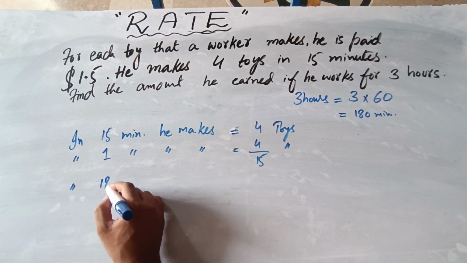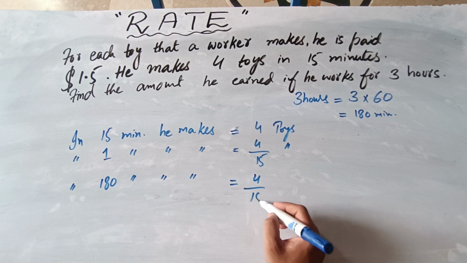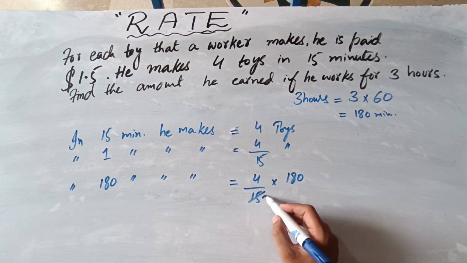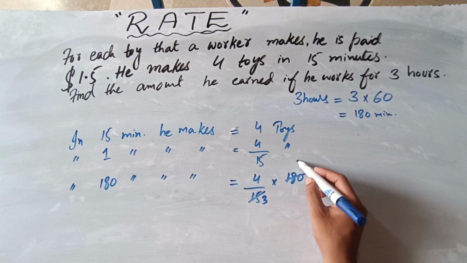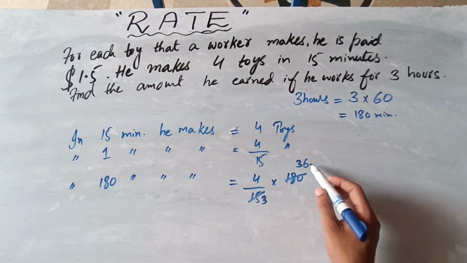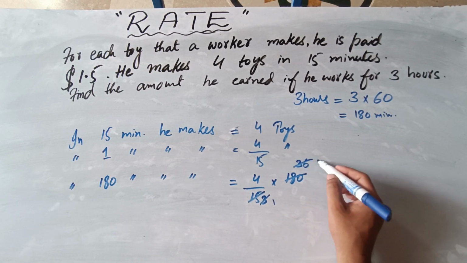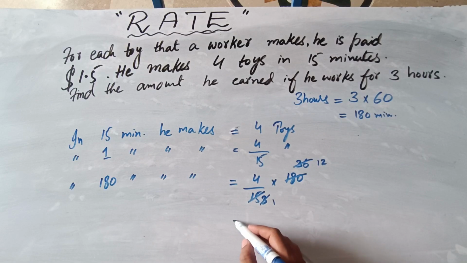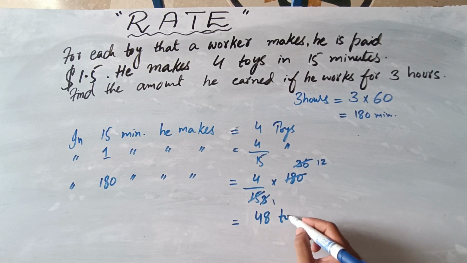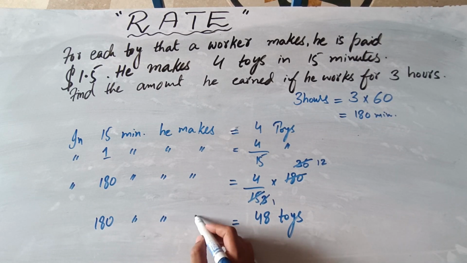Then in 180 minutes he makes 4 upon 15 multiplied by 180. So 5 times 3 is 15, and 5 times 36 is 180, 3 1s are 3, 3 12s are 36. So in 180 minutes, how many toys is he making? 48 toys.